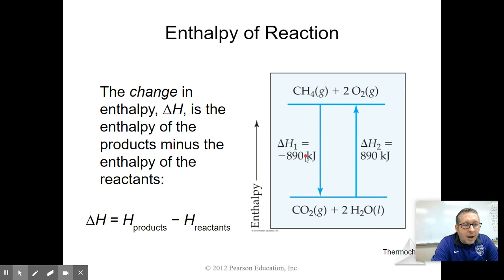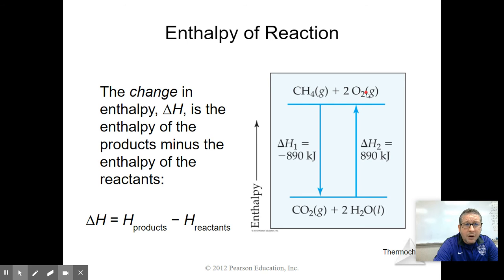Now don't fret, okay? These values are going to be given to you. You don't have to sit there and try to find them, at least not yet. Sometimes we're going to have to use the very back of our book, but not right now, okay? You're going to be given reaction equations, and at the very right-hand side, you're going to have the change in enthalpy value provided, okay?